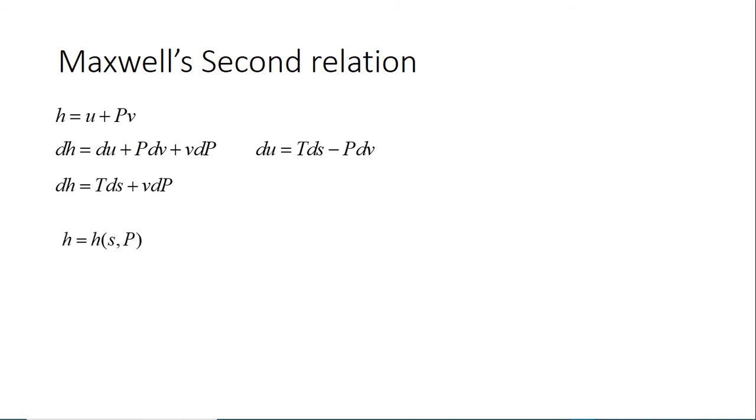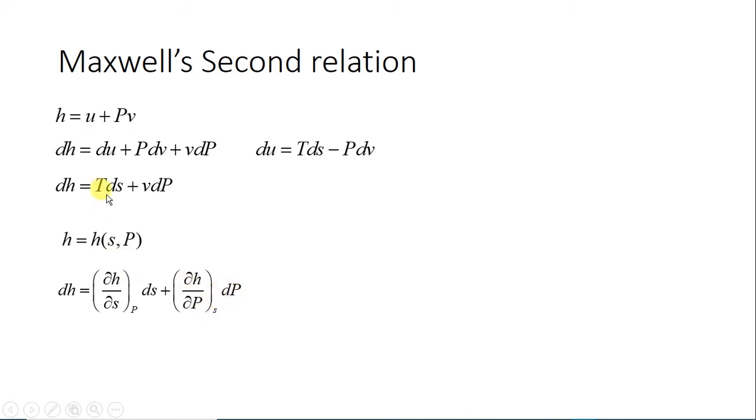Now I will write enthalpy is a function of specific entropy and pressure. Now differentiate this. What will you get? dh is equal to ∂h/∂s when pressure is held constant ds plus ∂h/∂P when entropy is held constant dP.